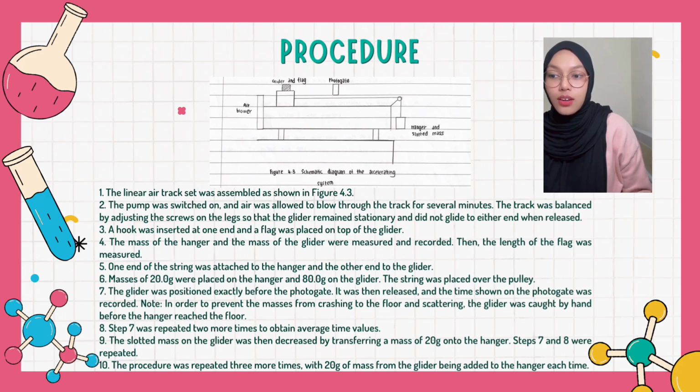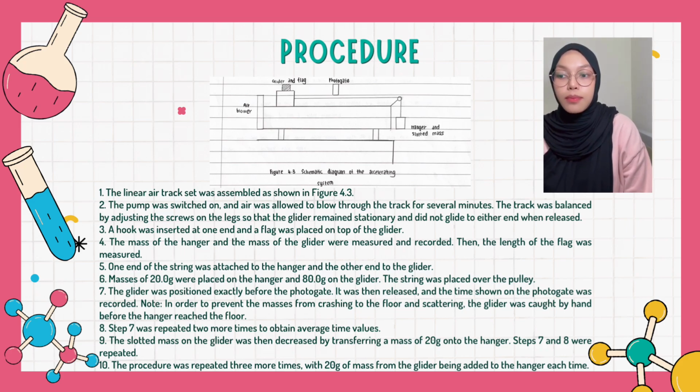Note, in order to prevent the masses from crashing to the floor and scattering, the glider was caught by hand before the hanger reached the floor. Eighth, step 7 was repeated 2 more times to obtain average time values.